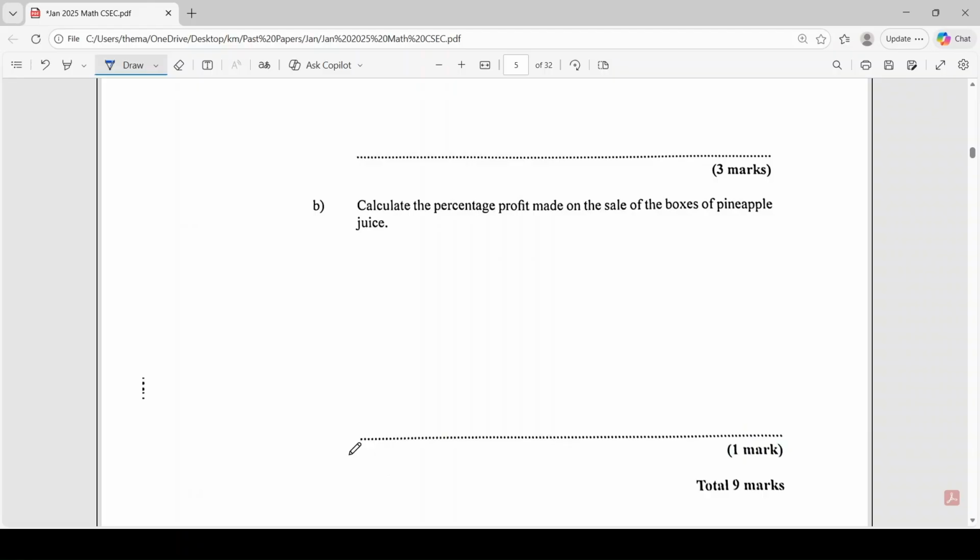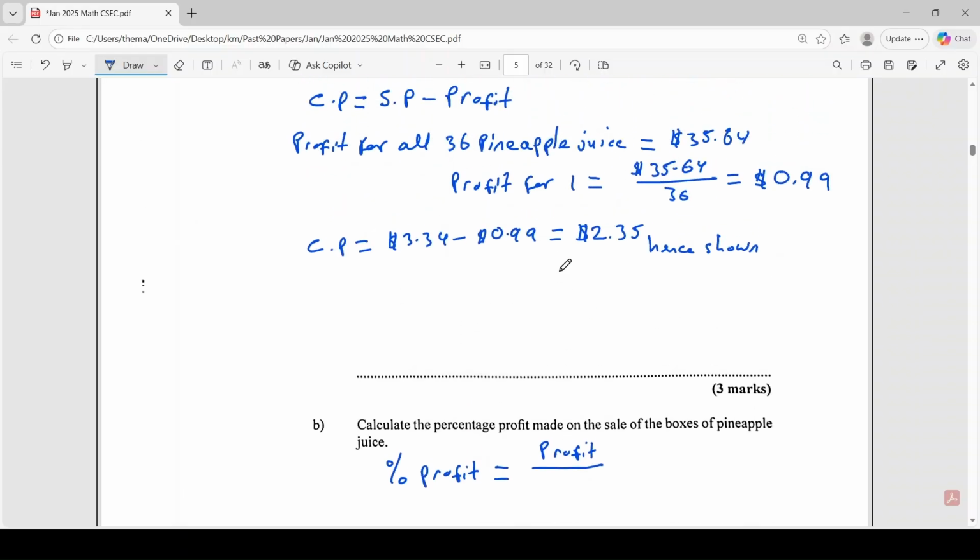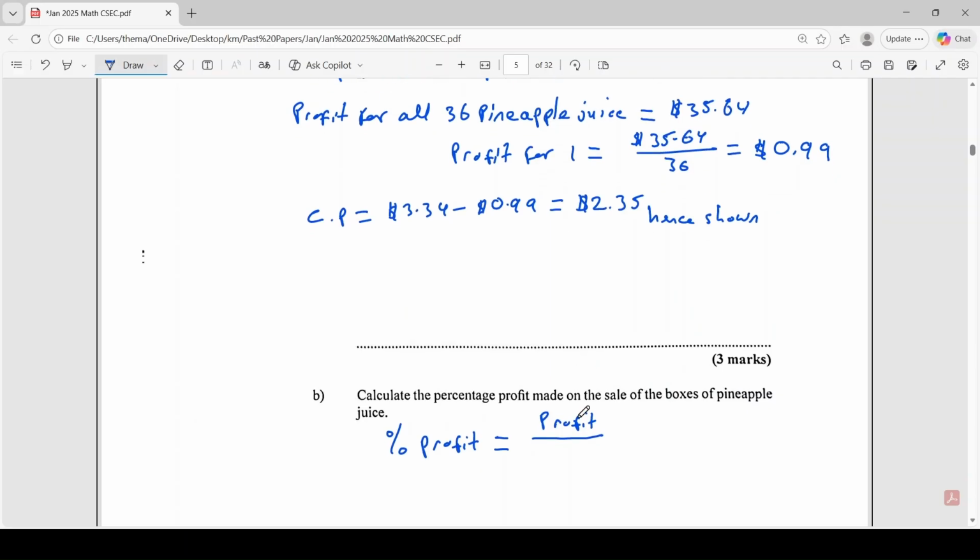Calculate the percent profit made on the sale of boxes of pineapple juice. Right, so percent profit would be the profit made over how much it originally cost, which in this case would be the cost price. The cost price was $2.35.